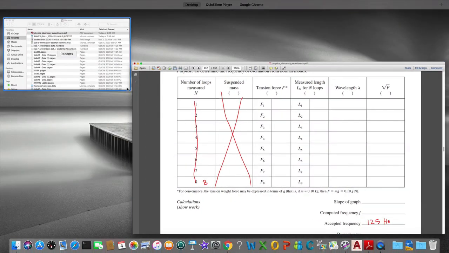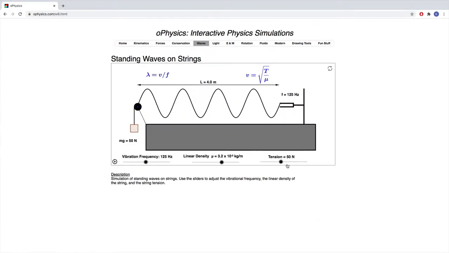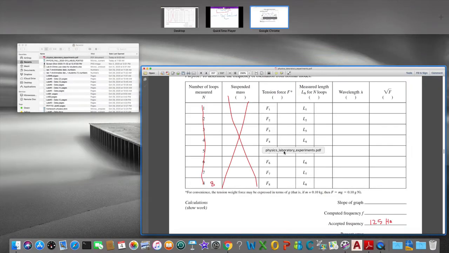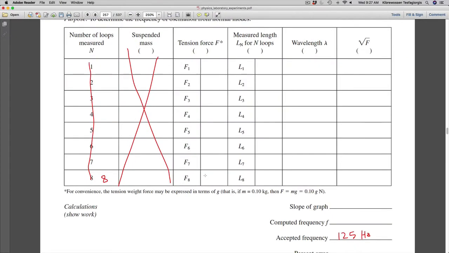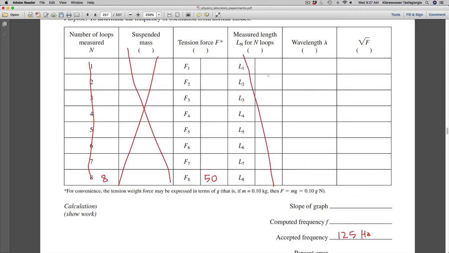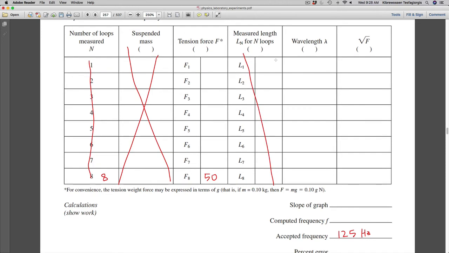That means the tension that created 8 loops is here, which is 50 Newton. So therefore, I'm going to come here and write 50. Okay. So I don't need to find the measured length in particular for my case.